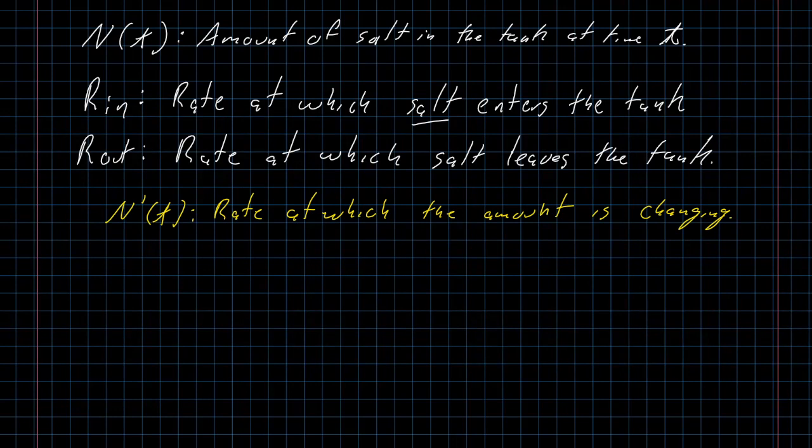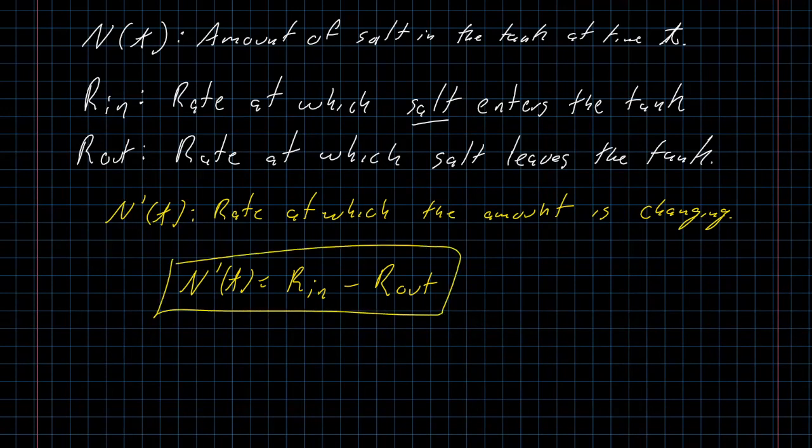We can add salt, or we can have salt leave. So if we take the difference of the rate at which salt is entering minus the rate at which salt is leaving, that's going to give us N prime of t. Right? In theory, that's a differential equation. All we have to do is try to figure out what R in and R out actually look like.